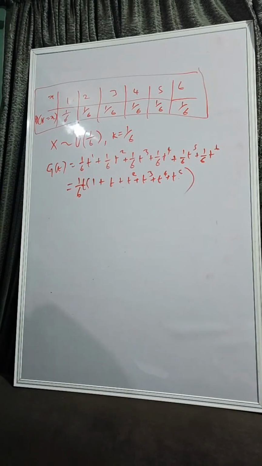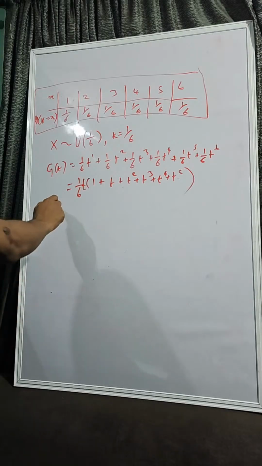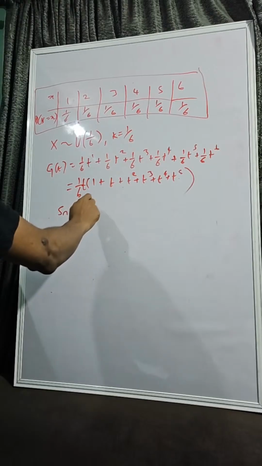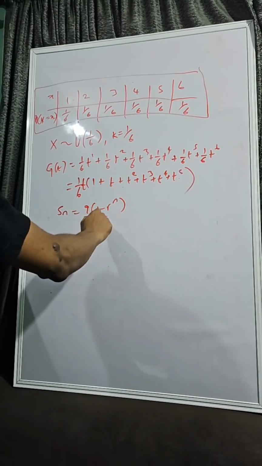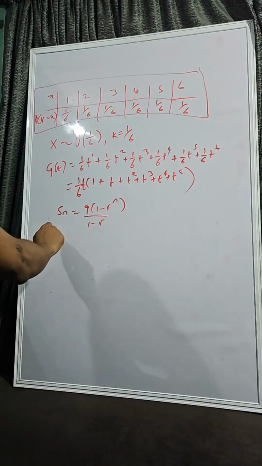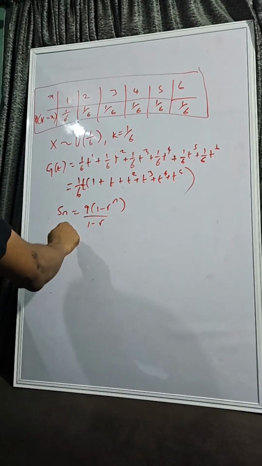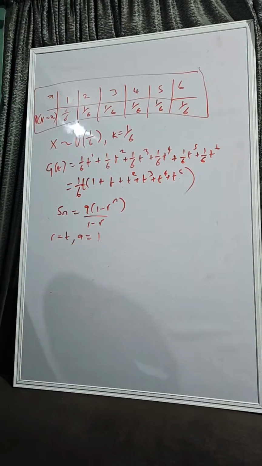So now, if you look at this thing very well, you realize that this is a geometric series. So if you remember correctly from geometric series, the first term is A and the common ratio is T. So if you remember, sum of a geometric series is what? Sn, the formula A times 1 minus R raised by N over 1 minus R. In this case, our R is equal to T and our A is equal to 1.